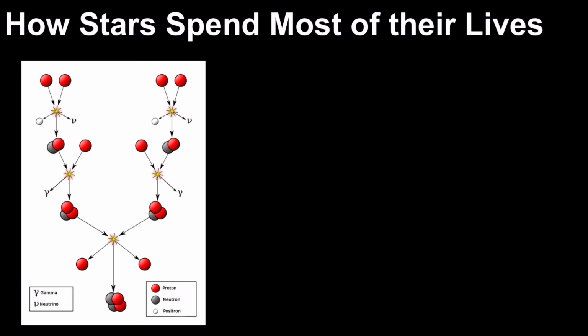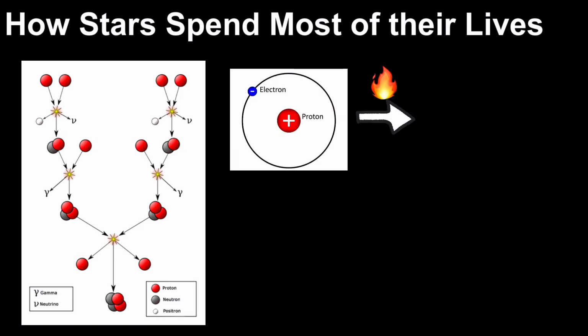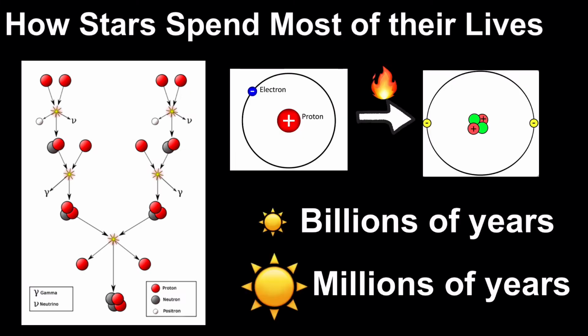This reaction takes place in a star's core. A star starts out by burning hydrogen into helium. Small stars can continue burning hydrogen for tens of billions of years, while very large stars will burn through their hydrogen after tens of millions of years.